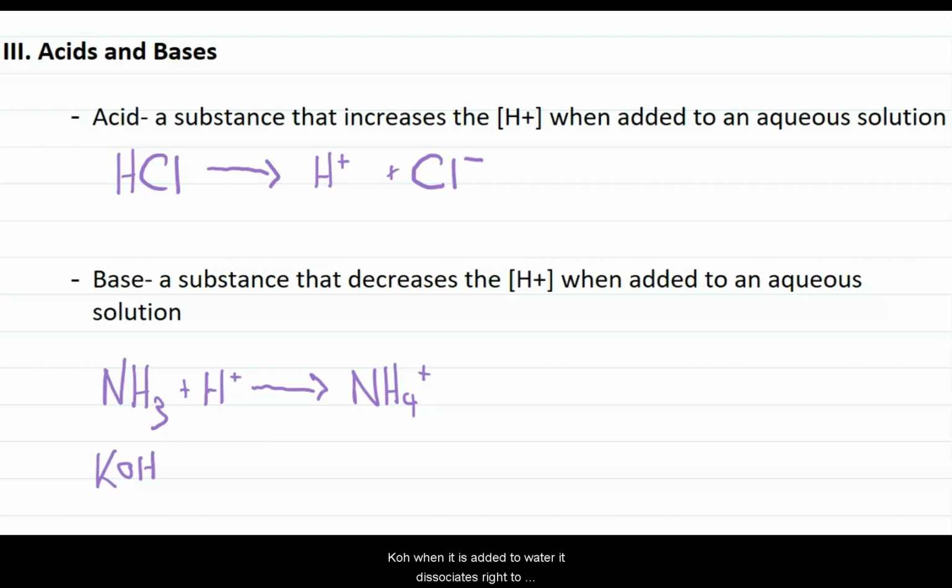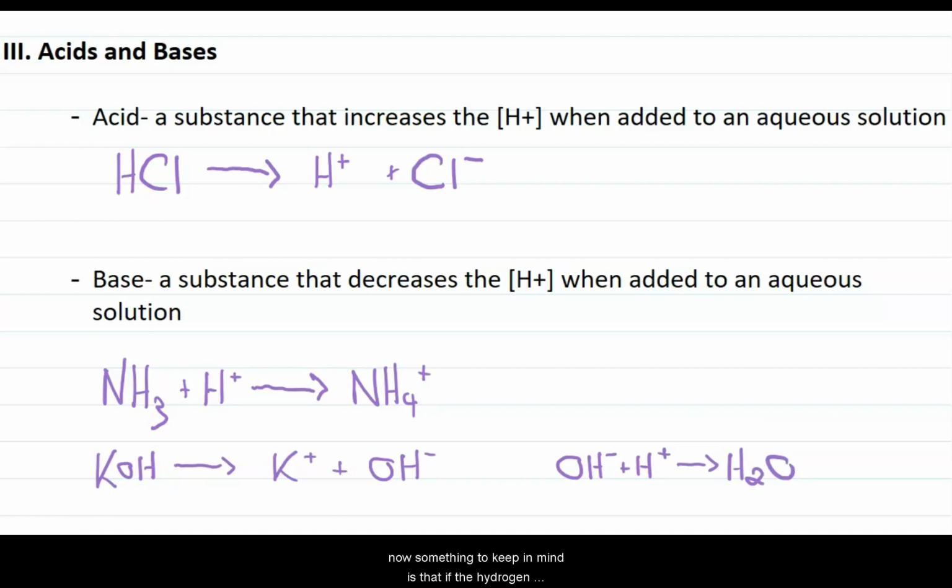KOH, when it is added to water, it dissociates to potassium ions plus hydroxyl ions. And then those hydroxyl ions further will combine with the hydrogen ions in that solution to form just molecular water. So again, the same net change, we're reducing the number of hydrogen ions.